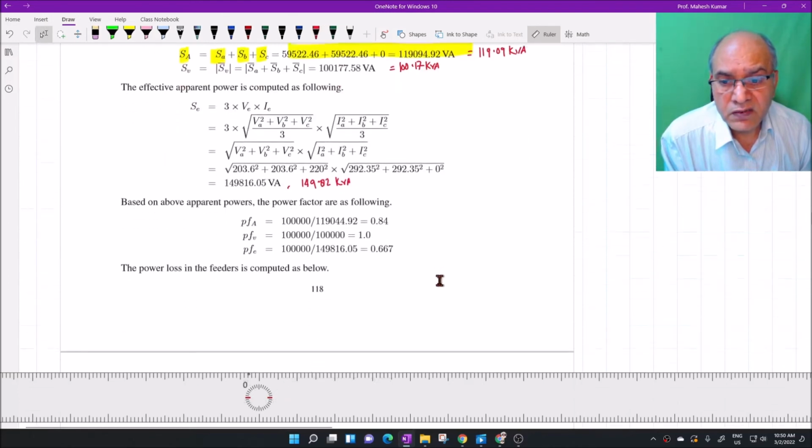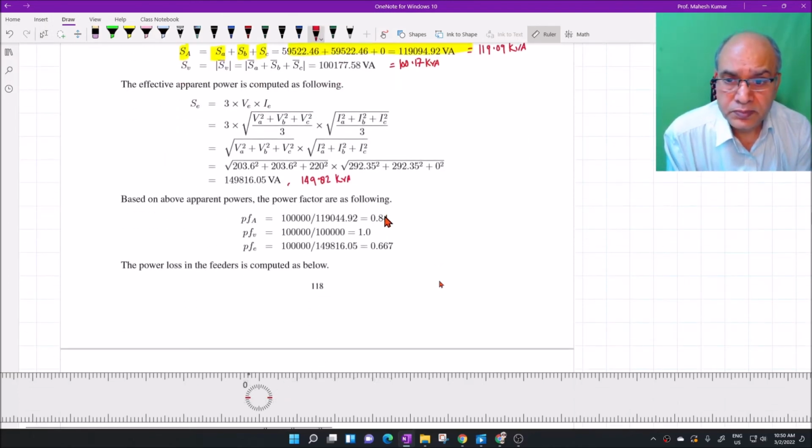Based on that, the power factors are 0.84 as arithmetic power factor, 1.0 as vector power factor, and 0.667 as effective power factor.